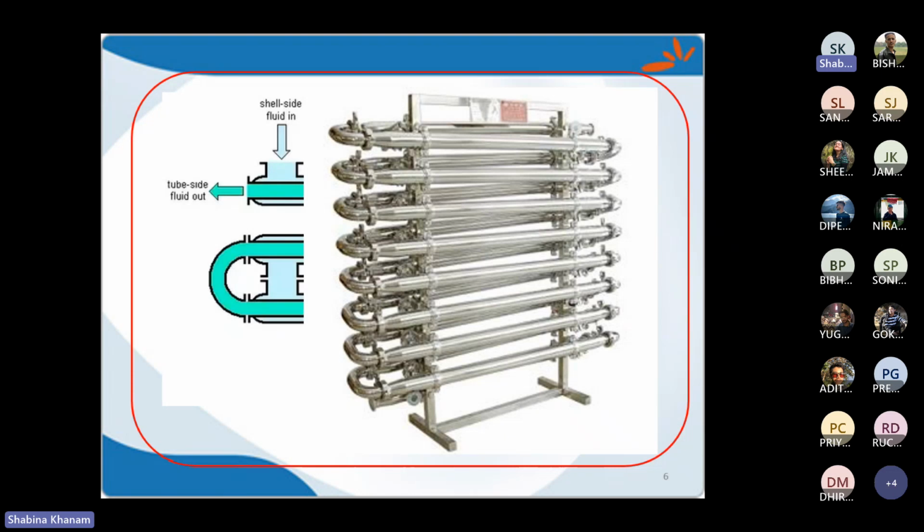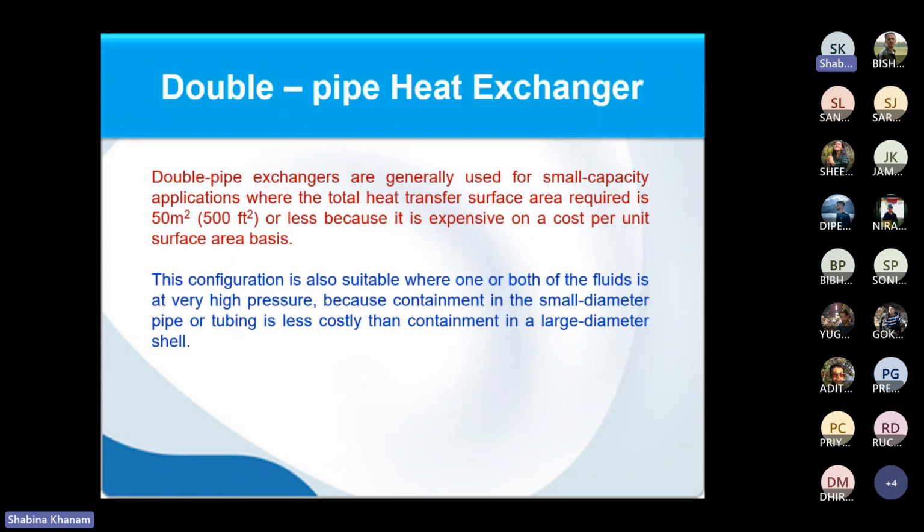However, even if I'm considering multiple hairpins, we could have a limitation to use the double pipe heat exchanger, and that limitation is that double pipe heat exchangers are used for small capacity applications, such as 50 meter square of heat transfer area. Beyond that we consider other heat exchangers which will occupy more heat transfer area in less volume, or less floor area you can say.